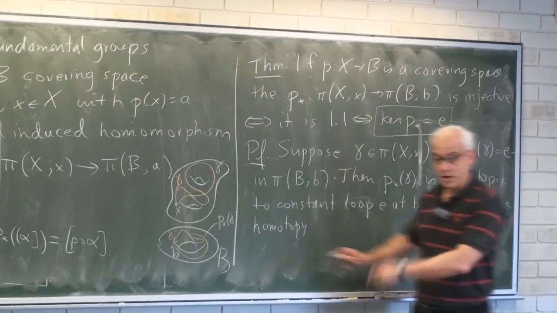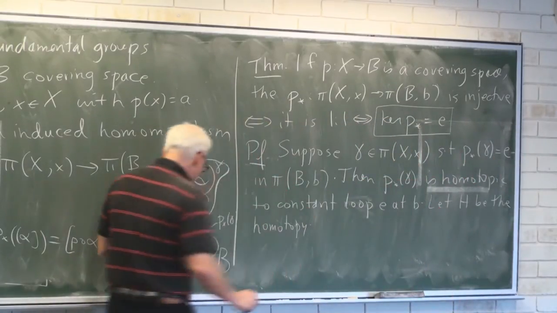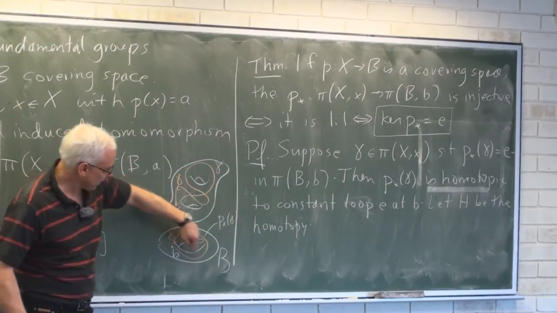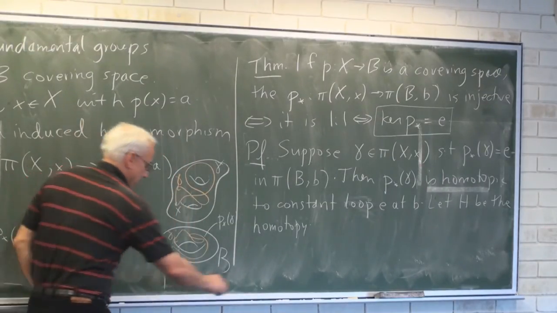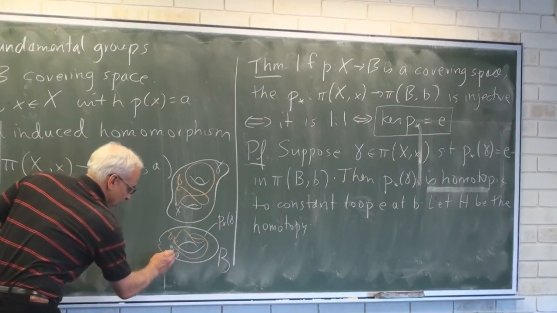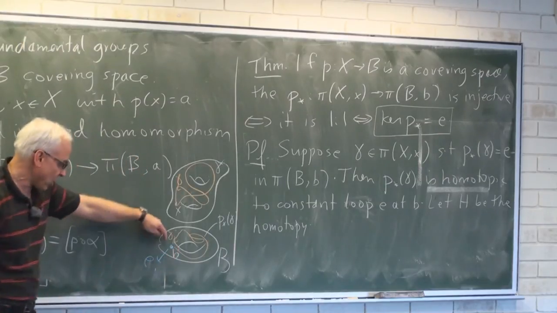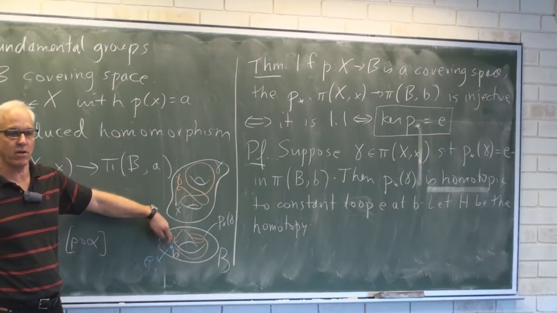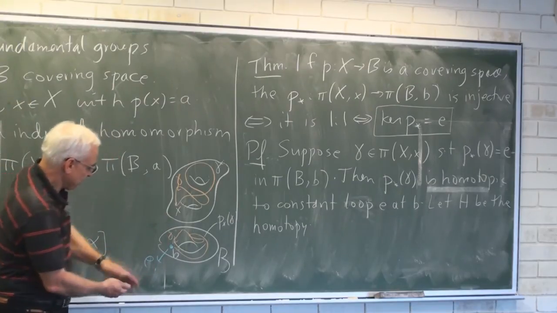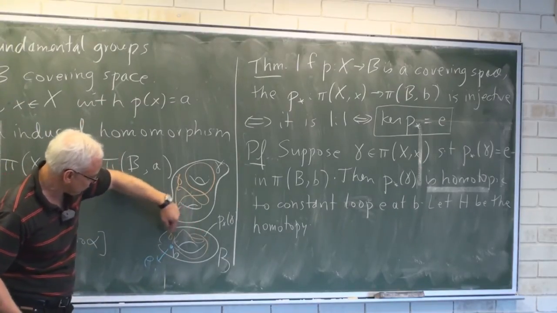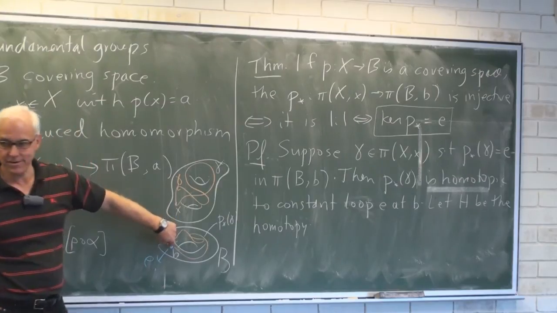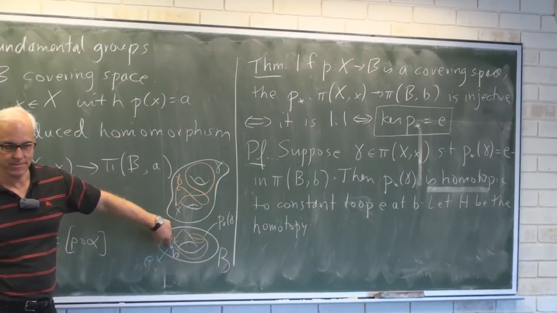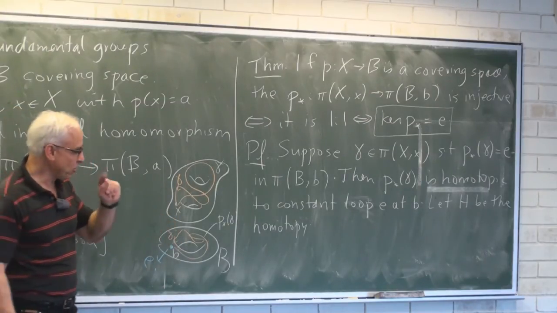In other words, down here, we know that we can make a movie between P star of gamma and the constant loop which just starts and ends at B and doesn't move at all. So down here, we're assuming that there's a homotopy. We can make a movie between P star of gamma and the constant. What are we going to do with this homotopy?